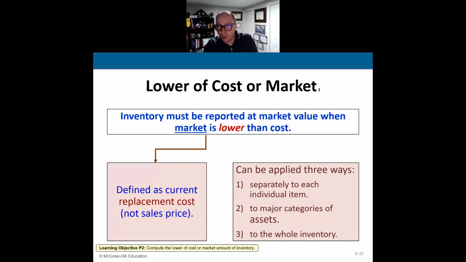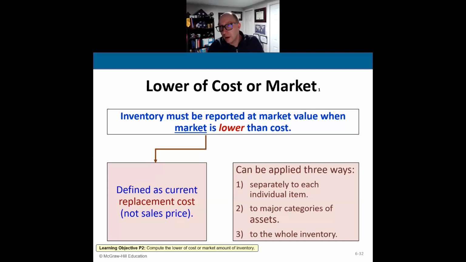Lower of cost or market. The market value is also known as replacement cost, not sales price, replacement cost.